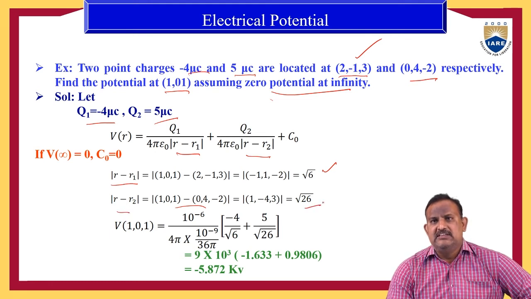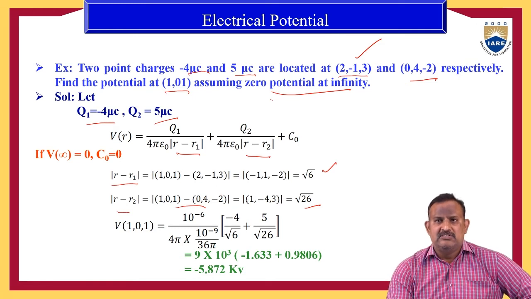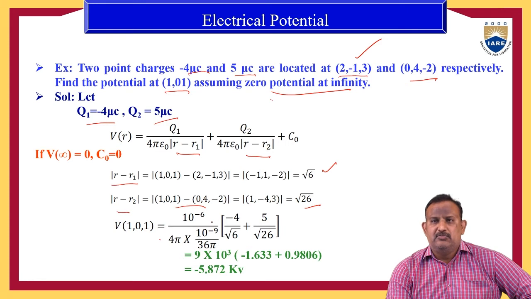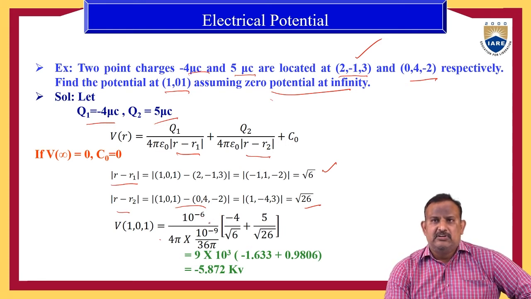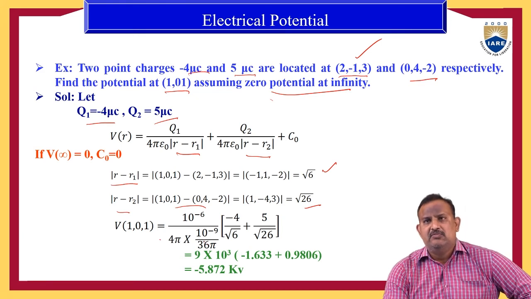The modulus of R minus R2 is equal to root 26. If you substitute these two in the potential equation, V is equal to minus 4, in place of Q1, minus 4 microcoulombs. Therefore 10 power minus 6 we keep outside. 4 pi epsilon naught is also constant, we can keep outside.